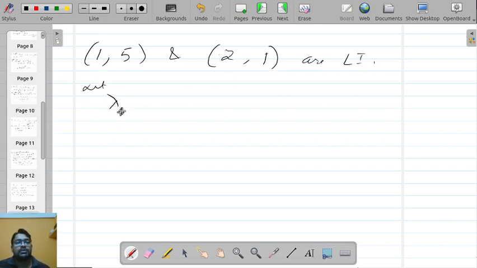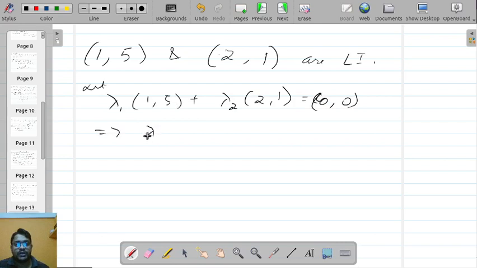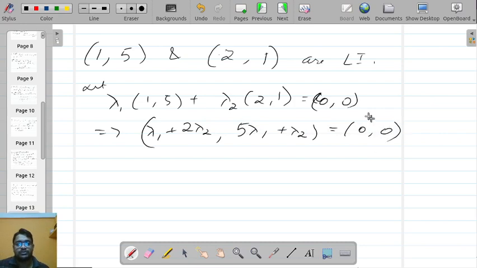Let lambda 1 times (1,5) plus lambda 2 times (2,1) equal 0,0. It's the 0 vector in R2. So from here I get lambda 1 plus 2 lambda 2, and 5 lambda 1 plus lambda 2, and this is equal to (0,0). If you compare, you have lambda 1 plus 2 lambda 2 equal to 0 and 5 lambda 1 plus lambda 2 equal to 0.